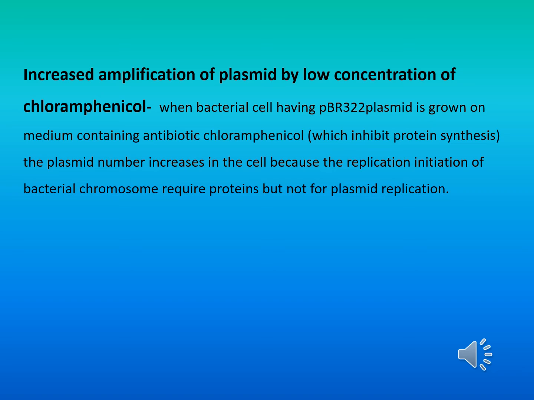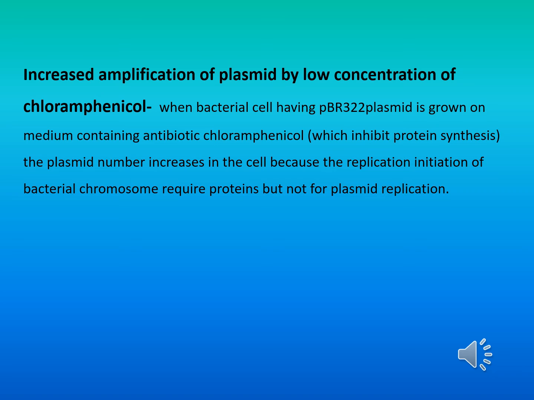As we know, the initiation of bacterial chromosome replication requires proteins, and when protein synthesis is inhibited, proteins are not available for initiation of bacterial chromosome replication. So the enzymes which are not used in chromosome replication are used in plasmid amplification.